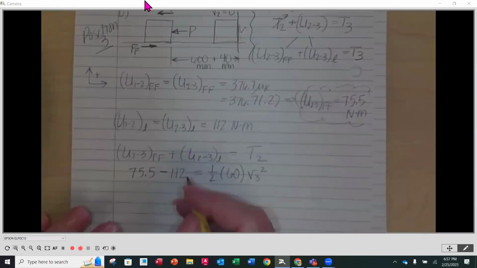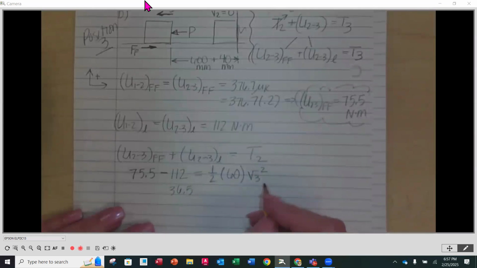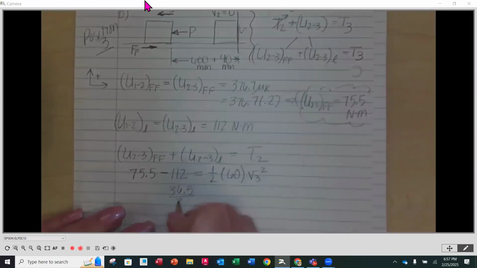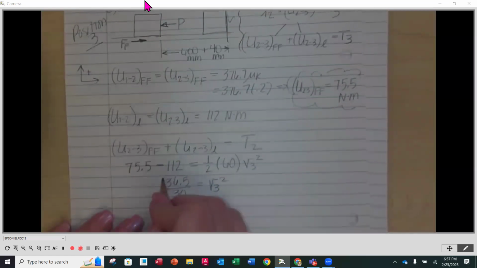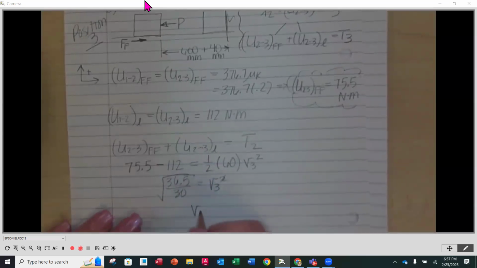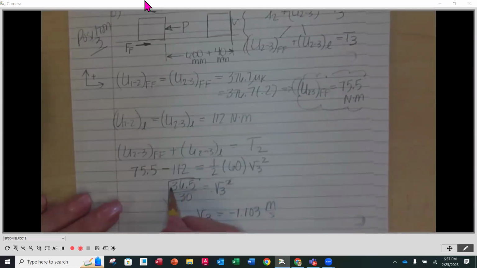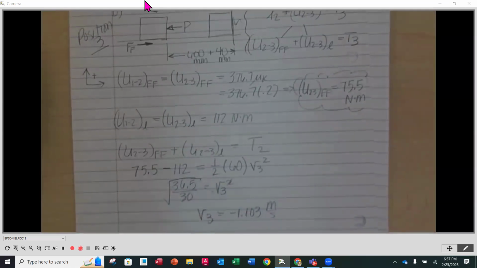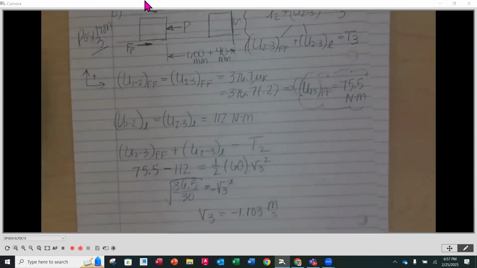So if we solve here, we end up with 36.5 divided by 30 equal to our V3 squared. Taking the square root of that, our V3 is going to be equal to negative 1.103 meters per second. This is going to be negative under the radical, but if you take a square root of a negative, you're going to get an error, so you have to make the velocity negative.